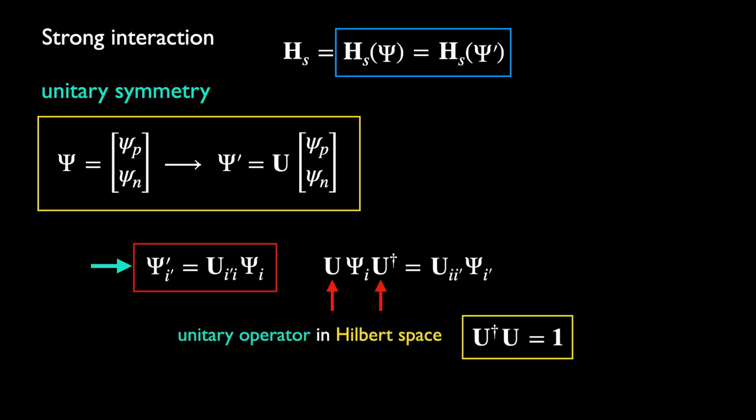Note that U on the left-hand side is an operator in Hilbert space, while U on the right-hand side is a unitary matrix. Recall that the left-hand side is in the standard form of what we call the Heisenberg picture of symmetry transformations way back in lecture 4.